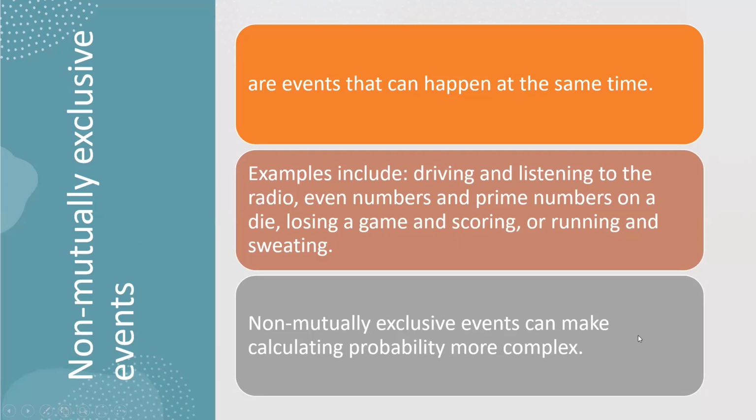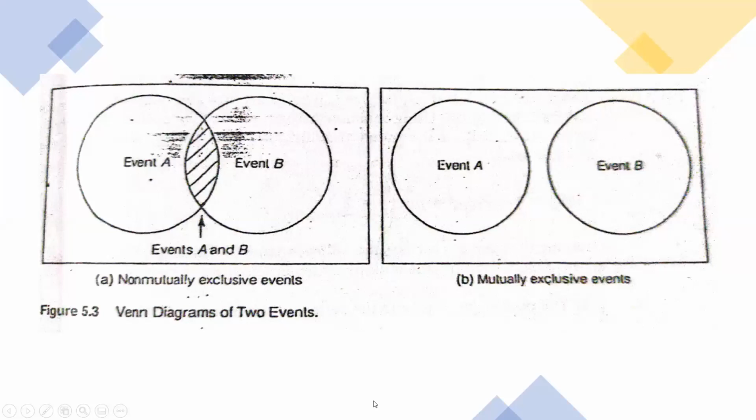So non-mutually exclusive events can make calculations of probability more complex. Here you can see that these two events are mutually exclusive, not related to each other and cannot happen simultaneously. However, non-mutually exclusive events can occur simultaneously, and when they occur, they have some overlapping.